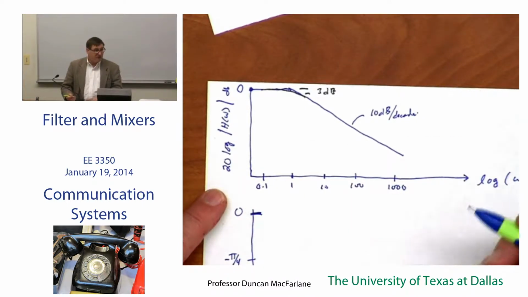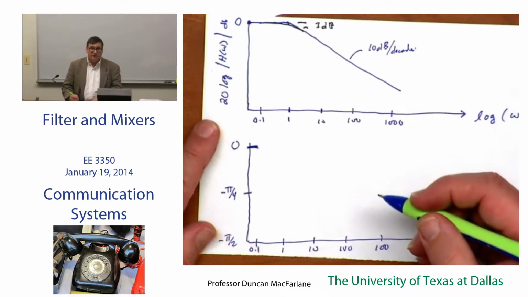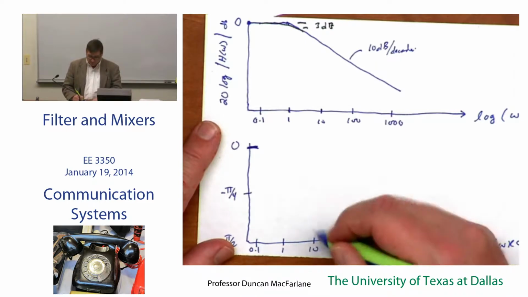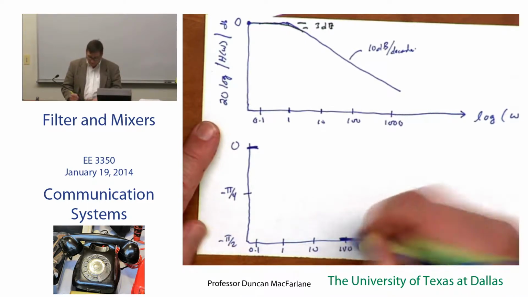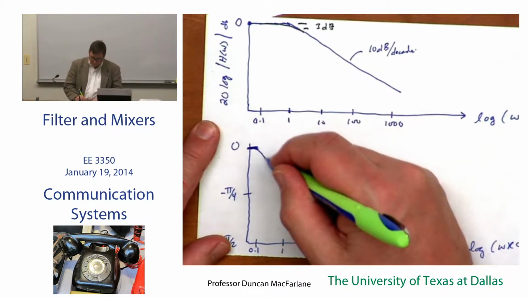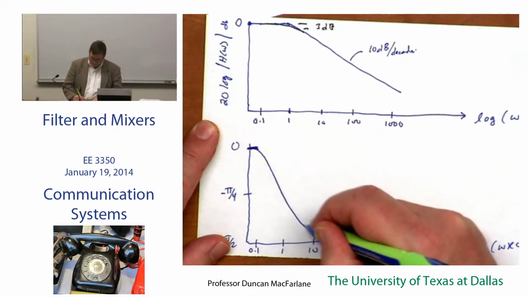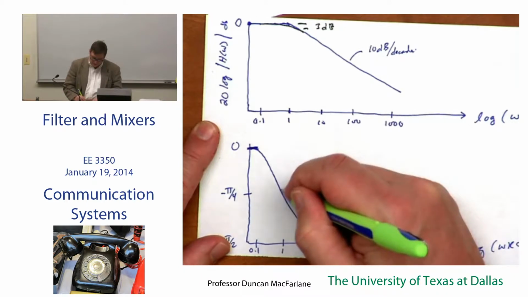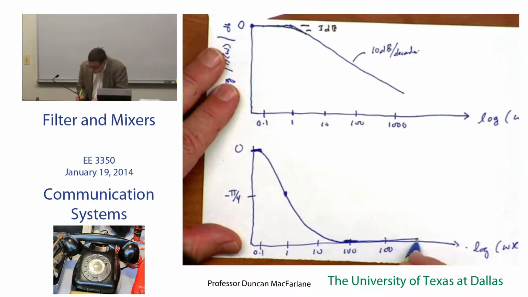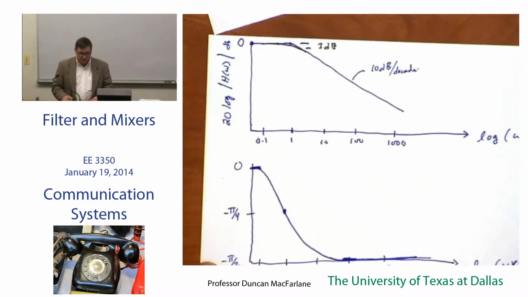The rejection from the filter is caused by a destructive interference, or 90 degrees out of phase. And the transition point again happens right around the pole location, where omega RC equals 1. And then this will just flatten out asymptotically all the way out.